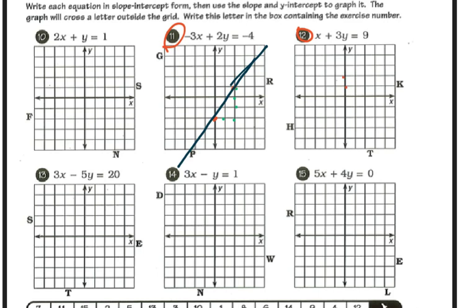So 1, 2, 3. And then we're going to run 3. So 1, 2, 3. And fall 1. So there's our next point. Let me erase this. So there's our 2 points.